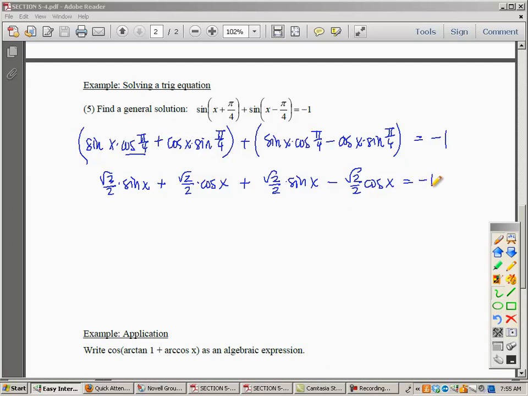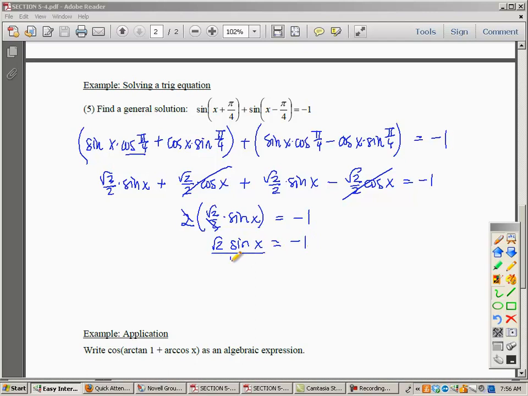And by doing this, what I can see automatically is I have a positive and a negative cosine, which will cancel out. What I'm left with then is 2 of these square root of 2 over 2 times the sine of x. Now, as I go through, these 2's will cancel out.